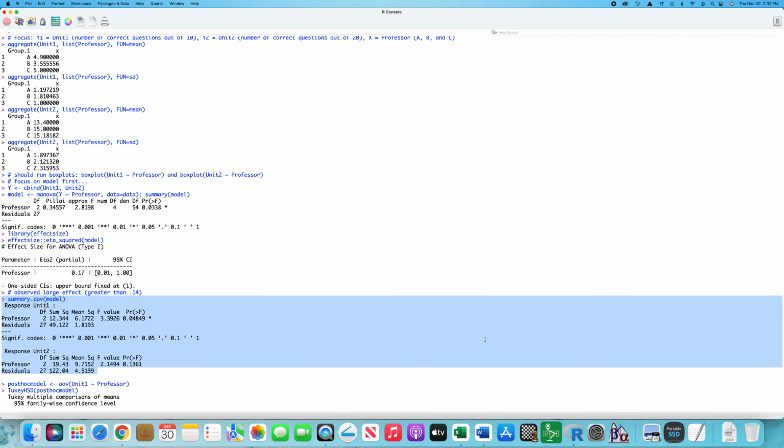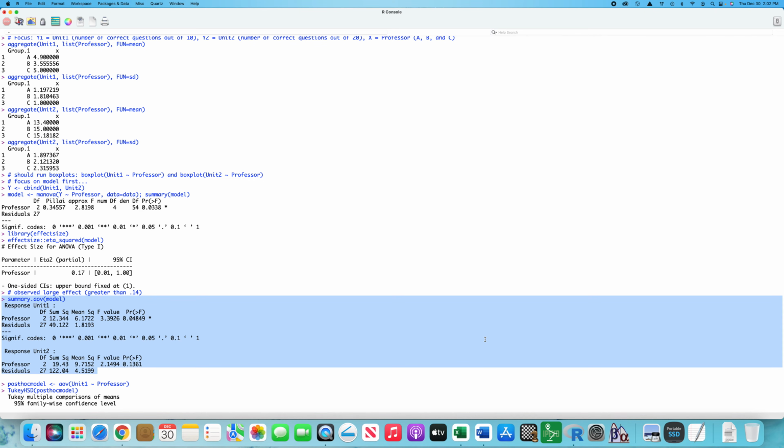Now, here's the dilemma. The dilemma is we just created a statistical no-no in that we conducted multiple ANOVAs on the same data set. Well, we conducted multiple ANOVAs on two dependent variables, okay? A pair of dependent variables.